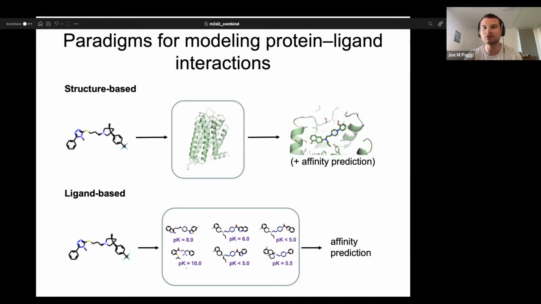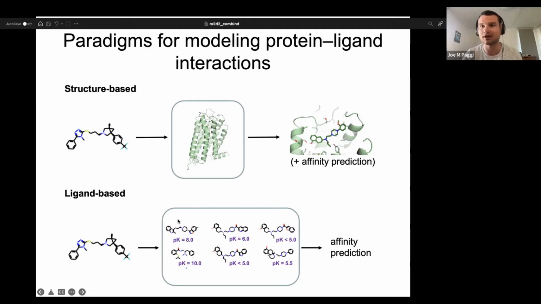The first would be structure-based methods, where the primary source of information is the structure of the target protein. Such methods will generally predict a binding pose for the ligand and also give an affinity prediction based on the physical interactions that could potentially form between the small molecule and the protein.